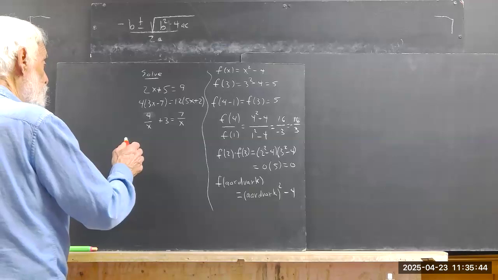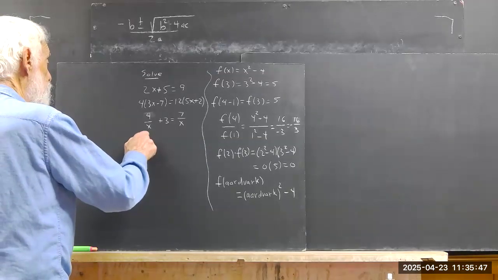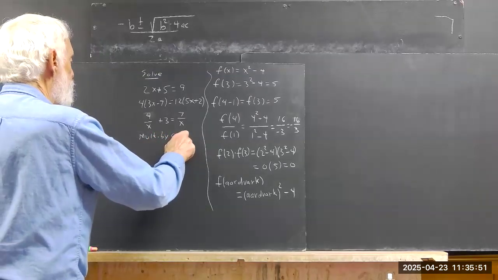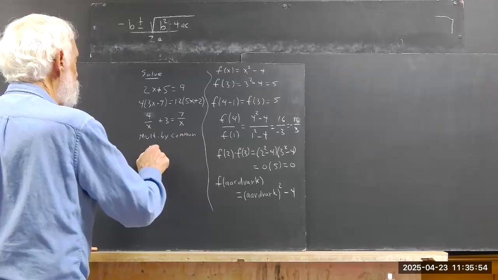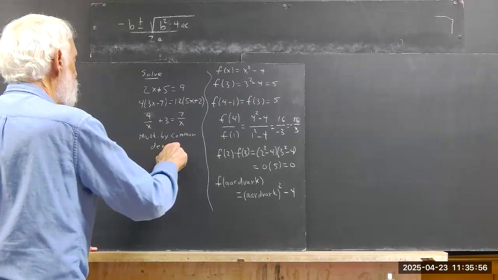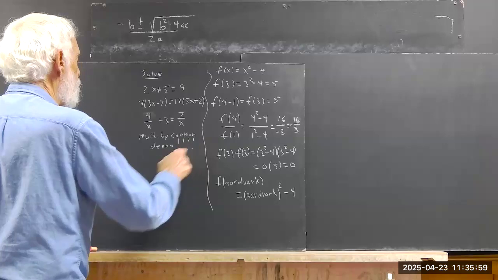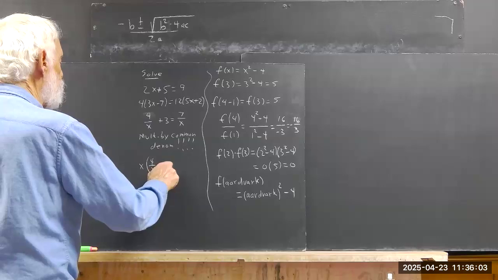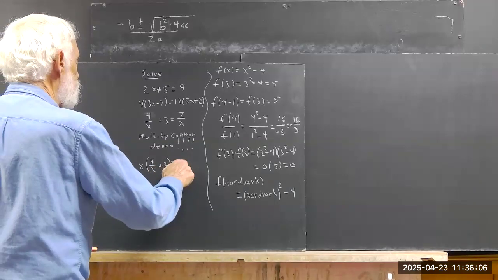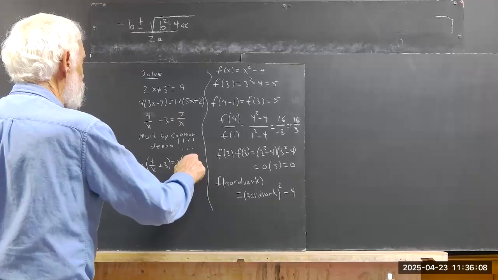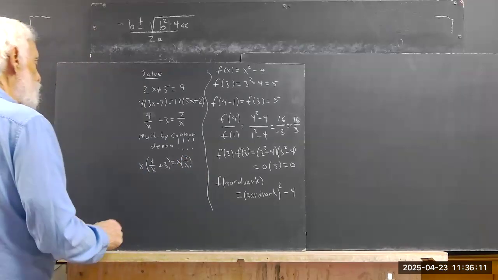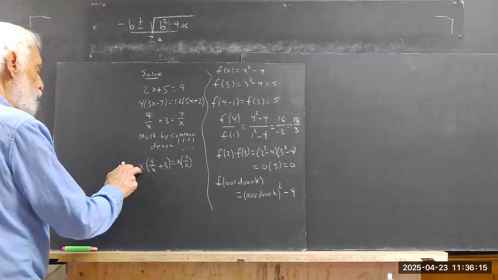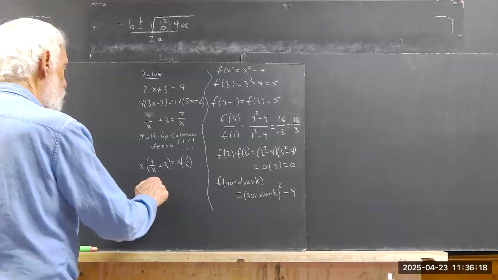Times x: x times 4 over x plus 3 equals x times 7 over x. Well, this is like x over 1, this is 4 over x. The x in the denominator divides the x in the numerator and leaves 4.